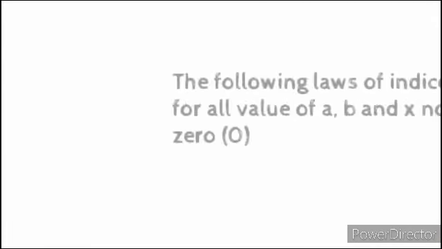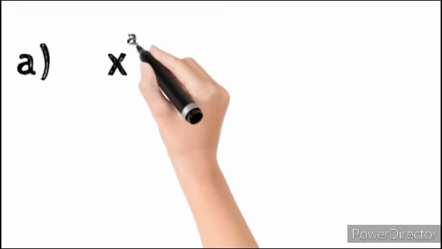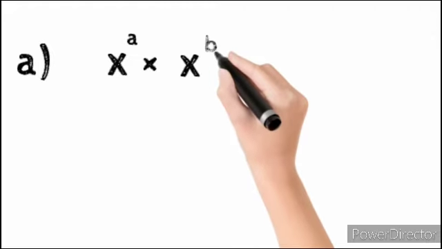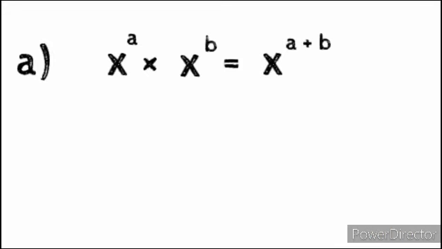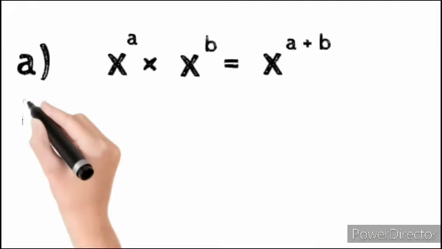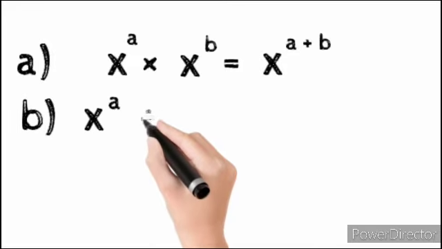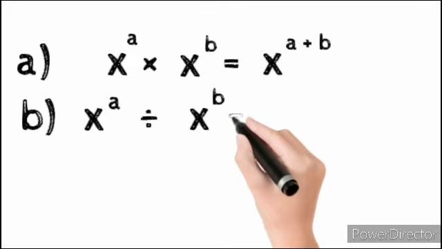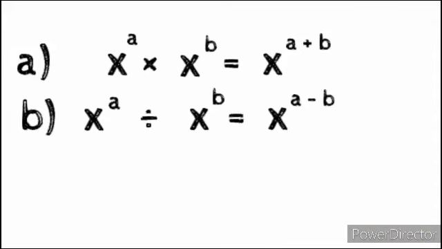The first primary law says x raised to power a times x raised to power b equals x raised to power a plus b. The second law says x raised to power a divided by x raised to power b equals x raised to power a minus b.